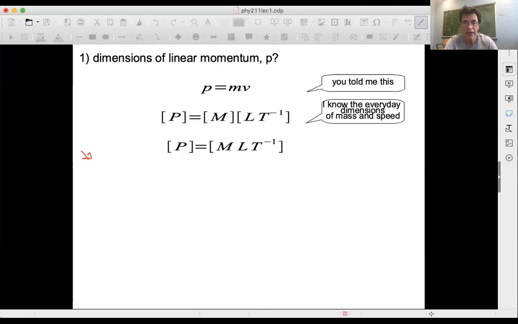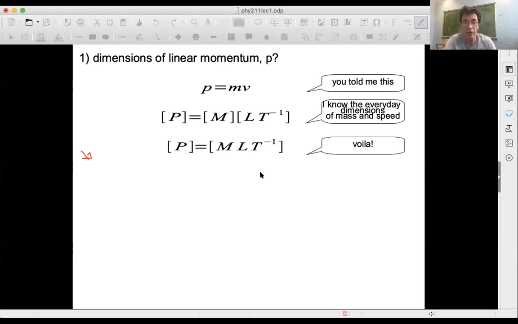And so here in that middle line is me filling in my knowledge, my understanding of the dimensions on the right-hand side of the equation. And then finally, that means that if the equation has the same dimensions on the left and right, the product of those dimensions on the right must be equal to the dimensions of momentum.